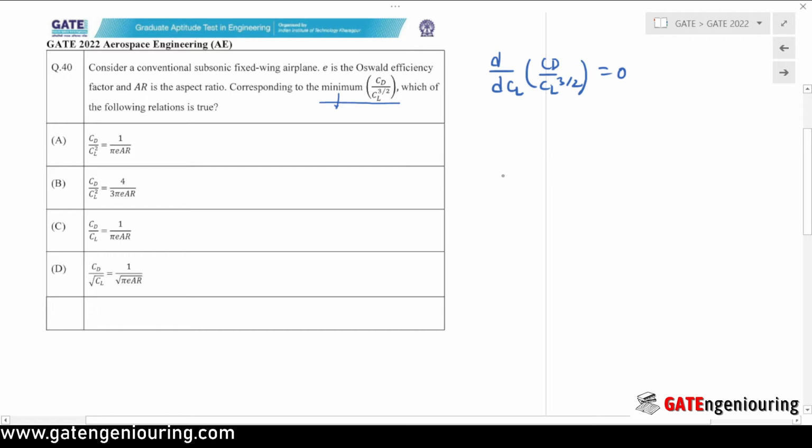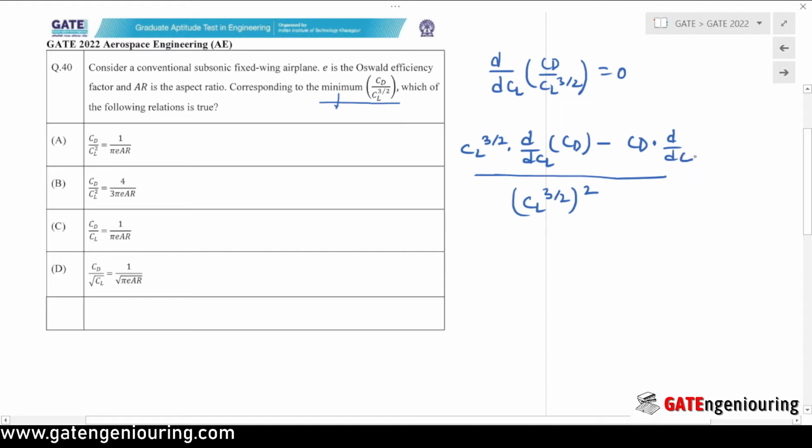Okay, so quickly let us just solve it. So CL power 3 by 2 whole square, and here it is CL power 3 by 2 into the derivative d upon dCL of CD, minus CD into d upon dCL of CL power 3 by 2, which is equal to 0.